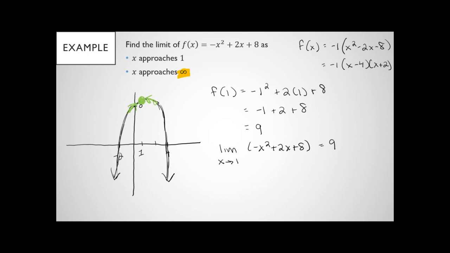So as x approaches infinity, what we're looking at here, and I'm going to do this one in blue, we're saying as my x value goes further and further to the right, as I'm getting larger and larger x values, what is happening to my y value?